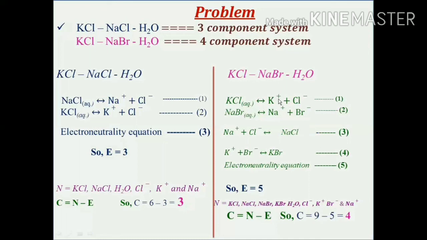So yes, of course, there are positive and negative ions present in the system. So definitely, without giving a second thought, you write down the last equation as the electroneutrality equation. So overall, I have 5 chemical equations which can sufficiently describe my system of KCl, NaBr, and H2O, right? So the value of E comes out to be 5.